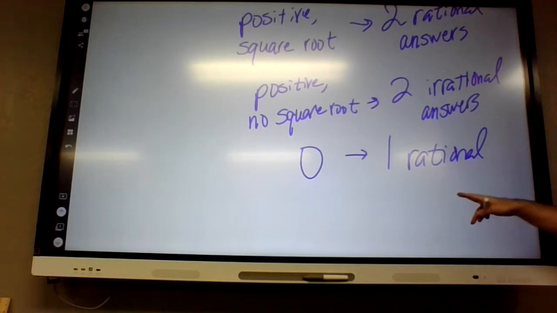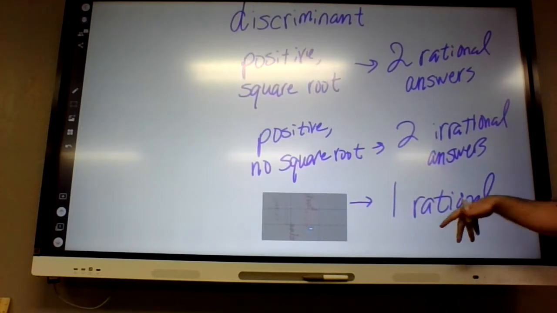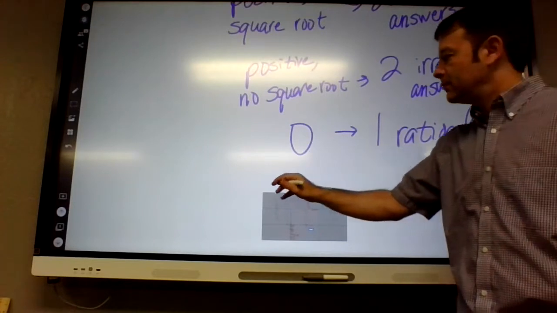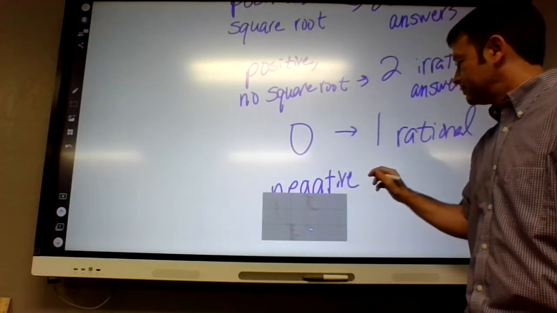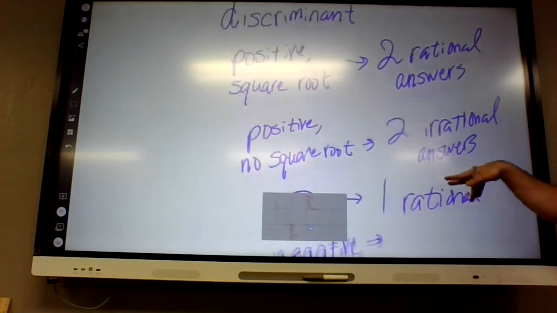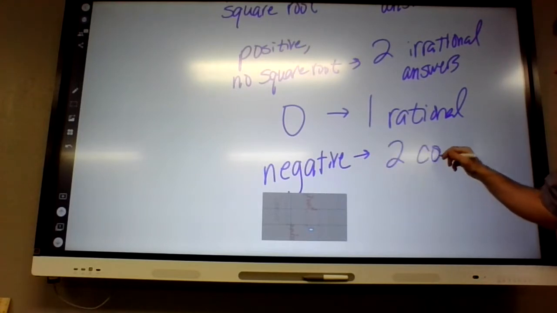So if you get 0, you get one rational answer. Okay, and then what's the other option that I haven't listed? Positive square root, positive no square root, 0, negative. Well, what did we get when we got a negative yesterday? Yeah, the imaginary answers. So the book, you could put 2 imaginary, but the book put 2 complex.